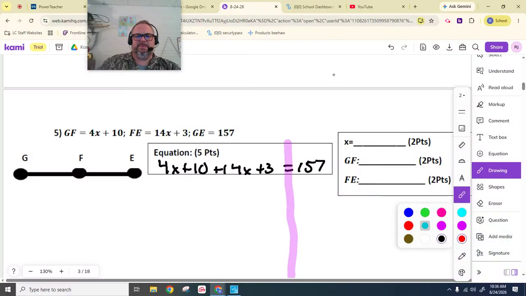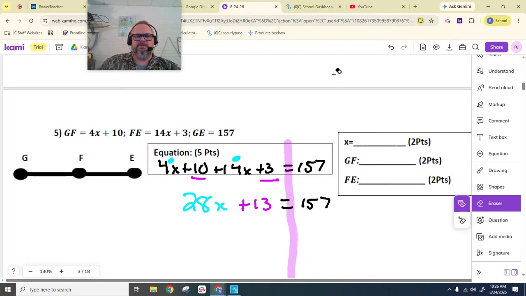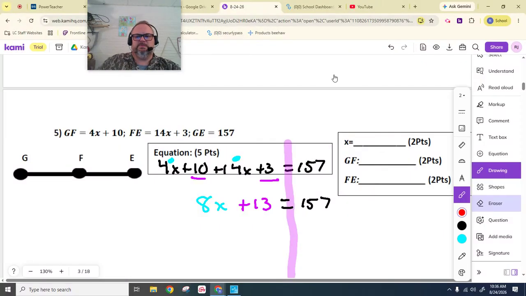All right. So 4 and 14 is 18x. 10 and 3 is 13. Still 157. Yes. Are you sure? Yes.